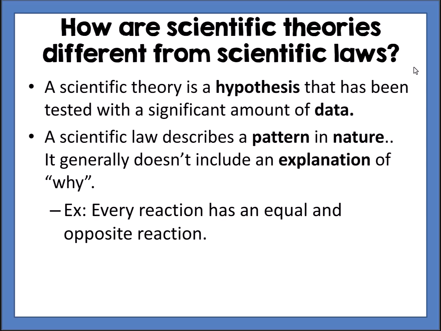So this is sort of a general explanation of what you might find in nature. It doesn't have a lot of explanation behind it. For example, every action has an equal and opposite reaction. There is data behind it, observations that have been made, but this is a general statement about nature.